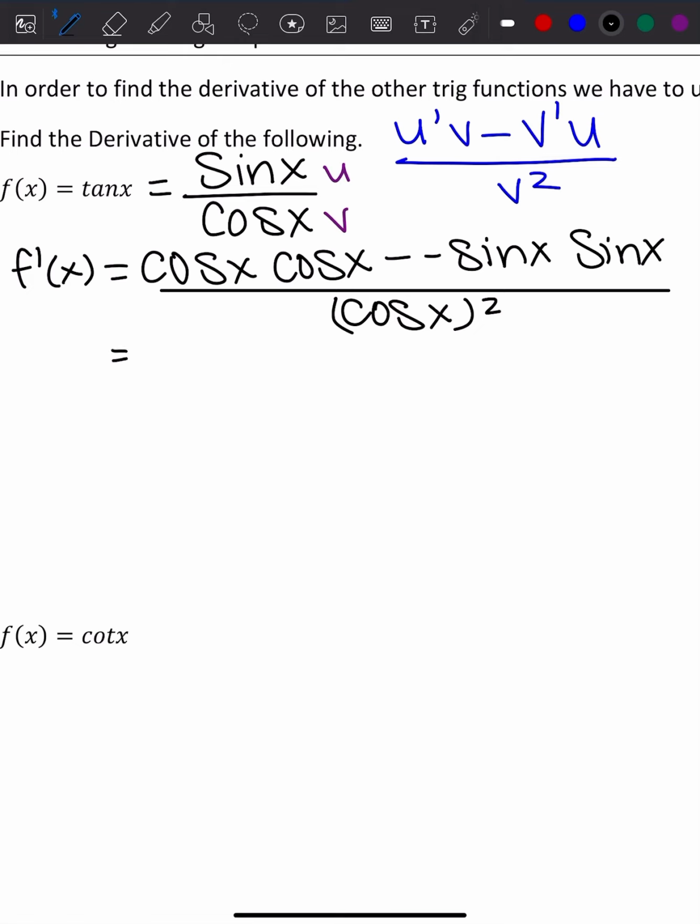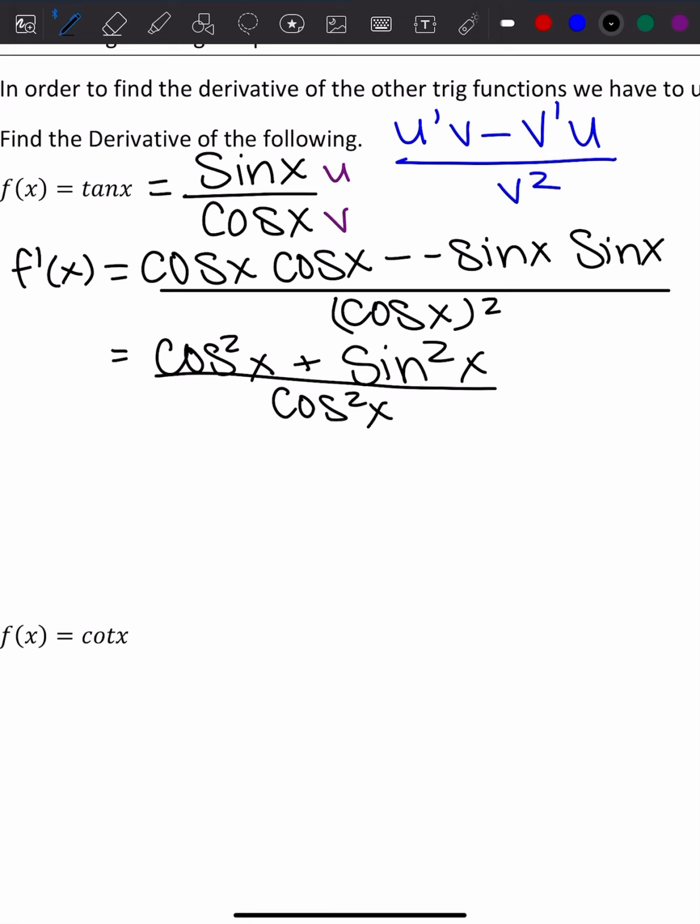So we're going to clean this up just a little bit. Cosine times cosine is cosine squared. Minus a negative is plus. Sine times sine is sine squared, and I can rewrite cosine squared as cosine squared. One of the things that we learn in pre-calc is things to do with trig, and one of those is a Pythagorean identity.